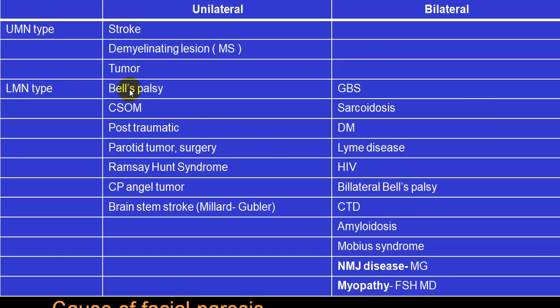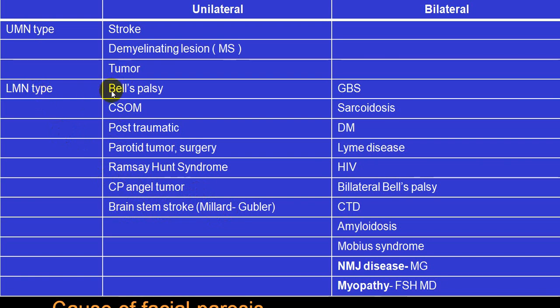While unilateral will be very frequently seen in a Bell's palsy, may be seen in chronic otitis media, post-traumatic, parotid surgery, Ramsay Hunt syndrome, or if there is damage because of a CP angle tumor, particularly what we call 8th cranial nerve meningiomas, or maybe because of a brain stroke, particularly damage in Millard-Gubler. These will be the common conditions where you can get lower motor neuron.